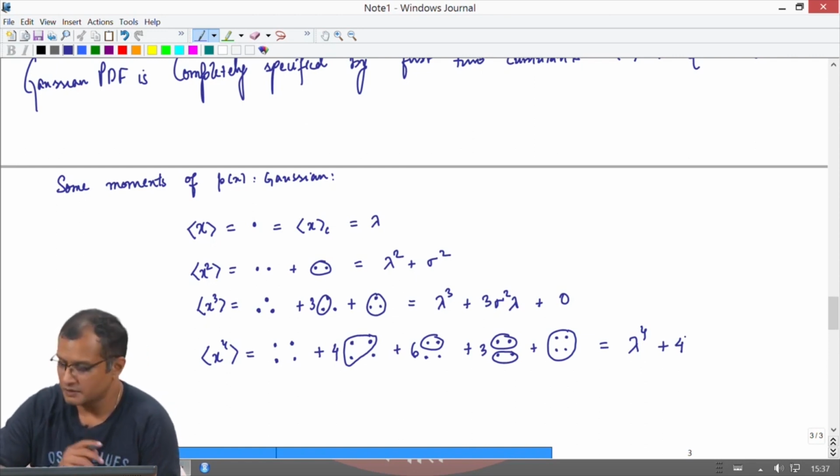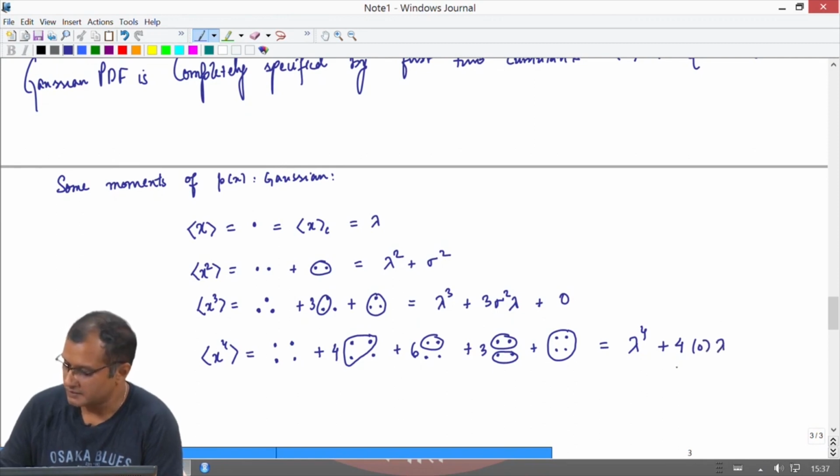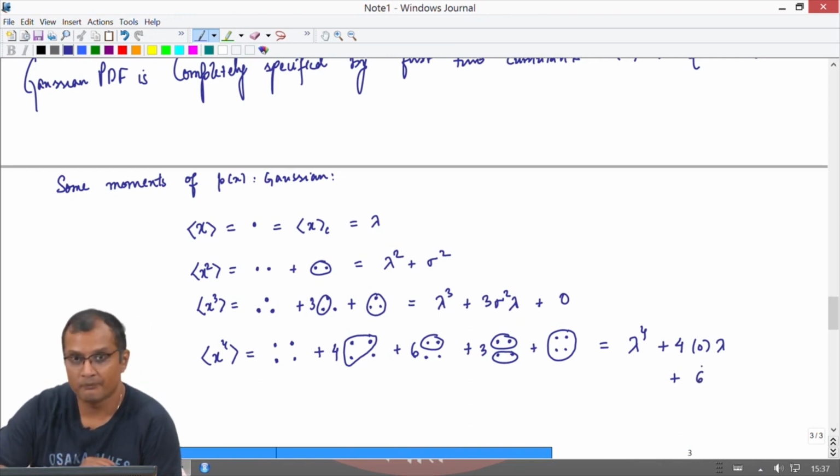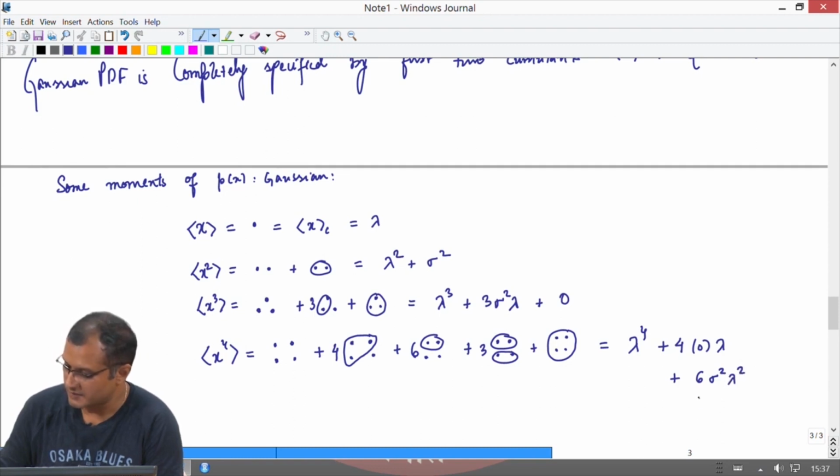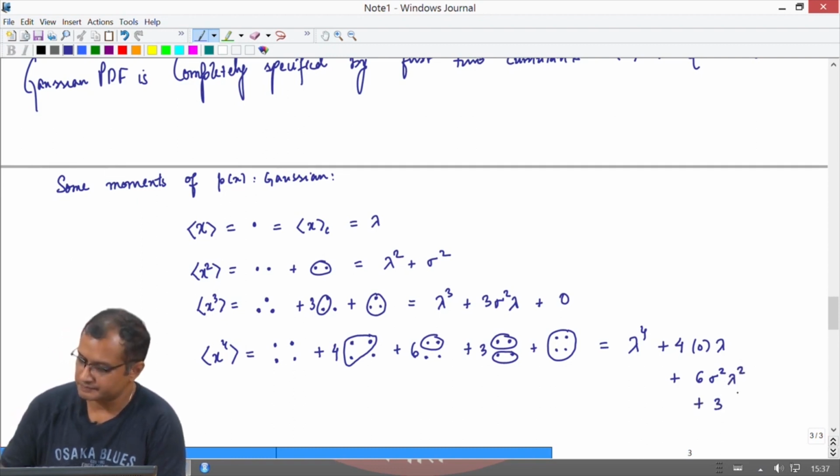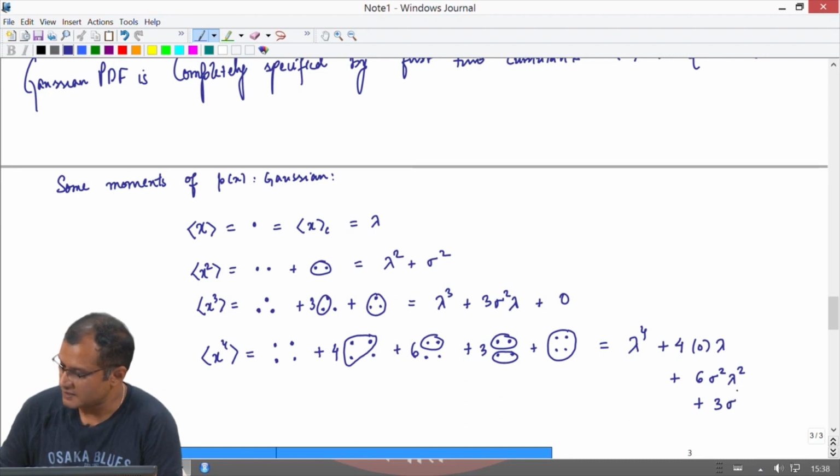the third cumulant, which is 0, into lambda, plus 6 times the second cumulant sigma square into lambda square, plus 3 times sigma square into sigma square, plus all 4 of them connected, which is the fourth cumulant, and that is 0.